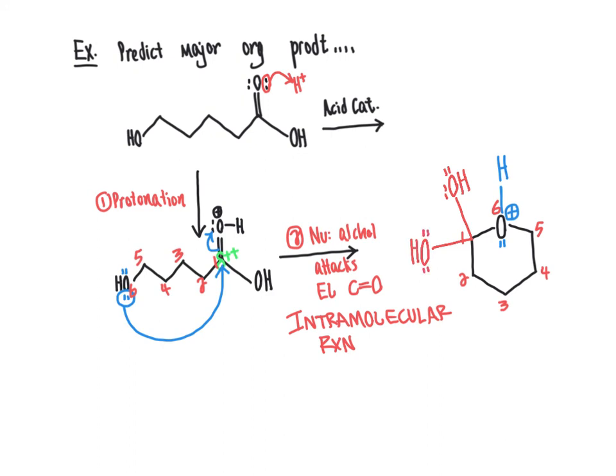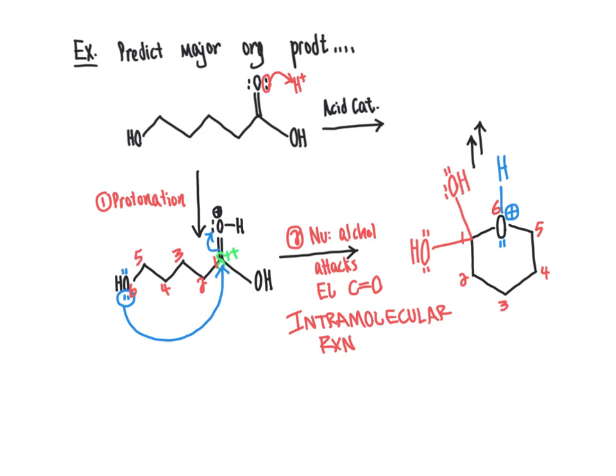And from here, I am not going to go through the rest of the mechanism for this reaction. The steps are completely analogous to what they were for the last mechanism. You should be able to sketch those out on your own and be comfortable with doing so on a quiz or something like that.